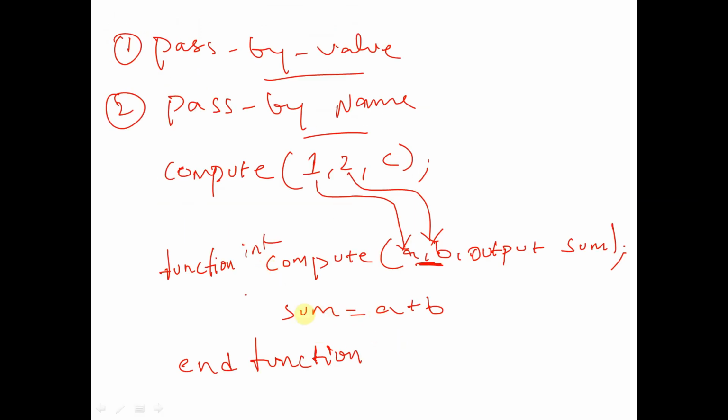So if I change this logic, say suppose I want to increment the value of A and I want to increment the value of B, wait a minute, in a fresh page I will take it.